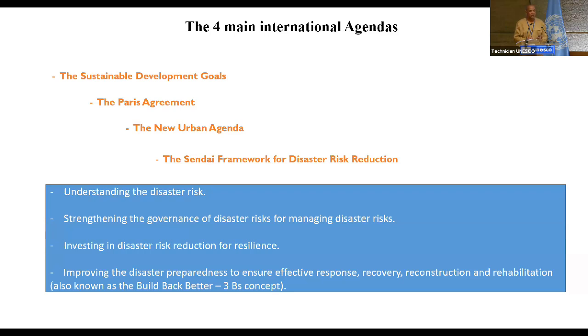But since the Sendai framework, we understand that even for this 4th priority, we also try to consider the importance of contributing to the efforts of disaster risk reduction.